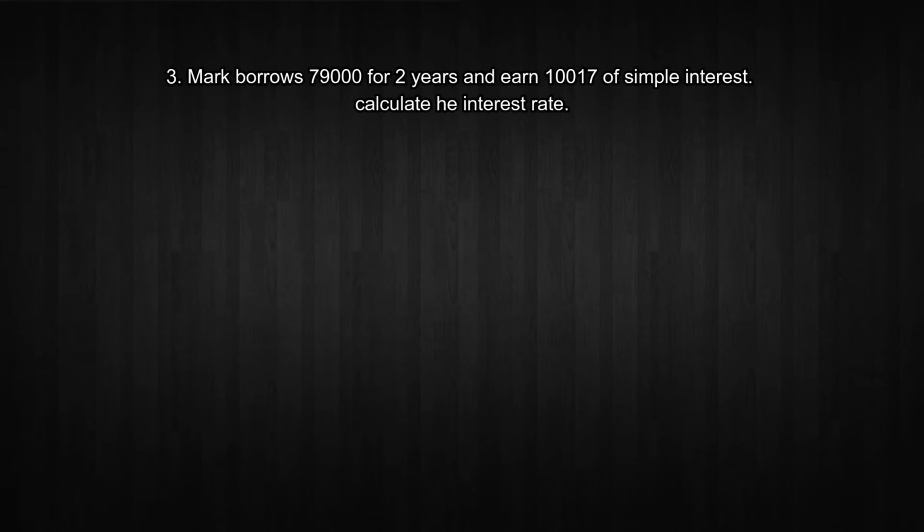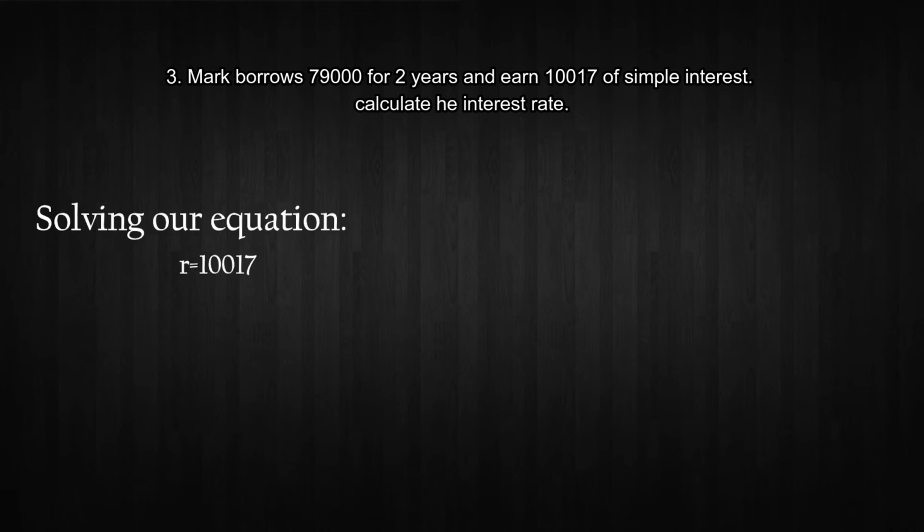Mark borrows 79,000 for 2 years and earned 10,017 of simple interest. Calculate his interest rate. So the interest rate required to accumulate simple interest of 10,017 from a principal of 79,000 over 2 years.